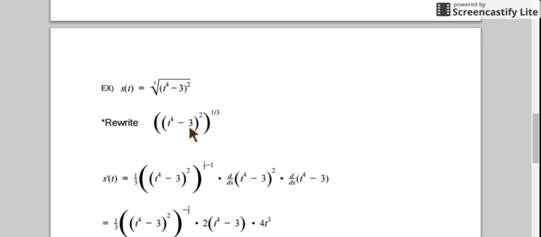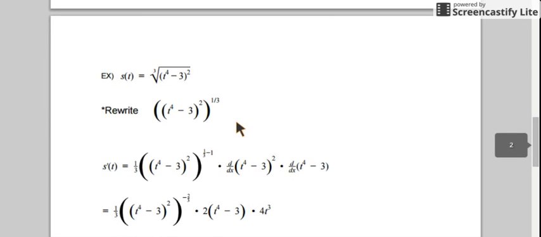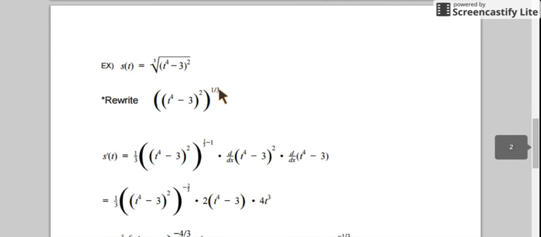We got t to the 4th minus 3. We got that squared, and then that all to the cube root or to the 1/3 power. So use your power rule. Find the derivative of something to the 1/3 power. I'm going to bring that 1/3 to the front and subtract 1. 1/3 minus 3/3 is negative 2/3. Keep the inside layers the same and move on to the next layer.